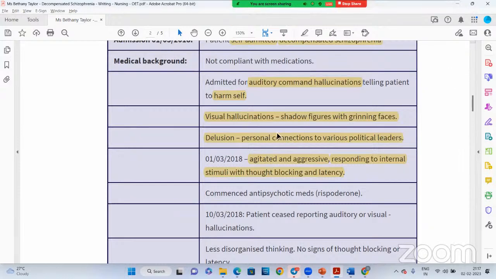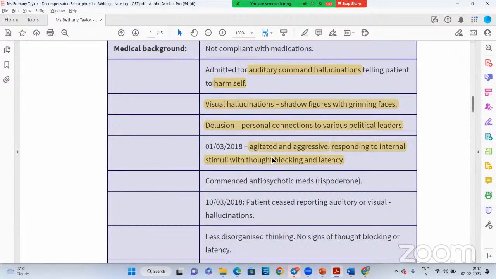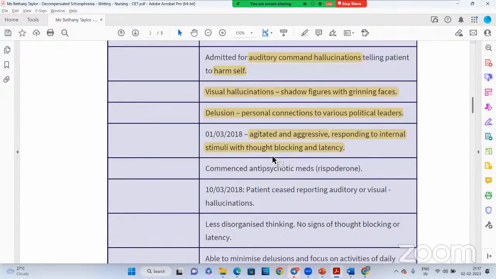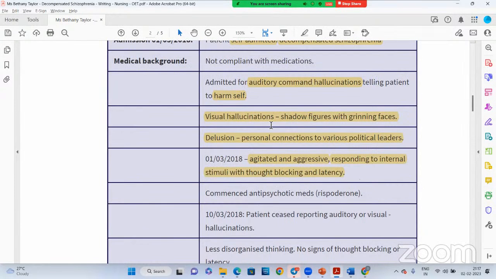This is a disorder, a mental disorder. Mental is related to thinking. Internal stimuli, thought blocking: related to thoughts, thinking style. These are disorders related to thinking.